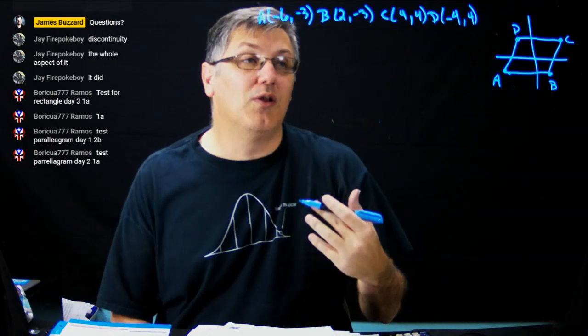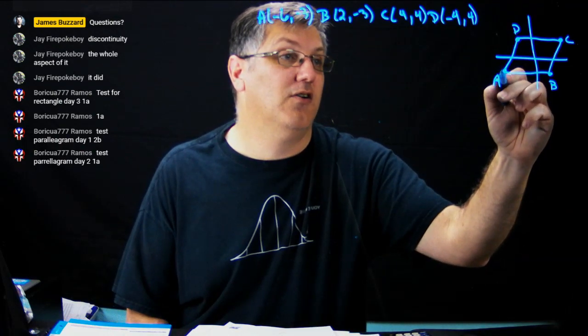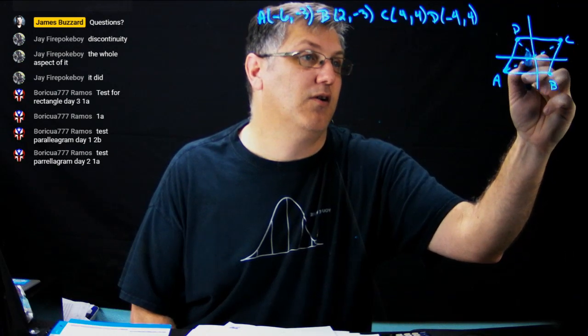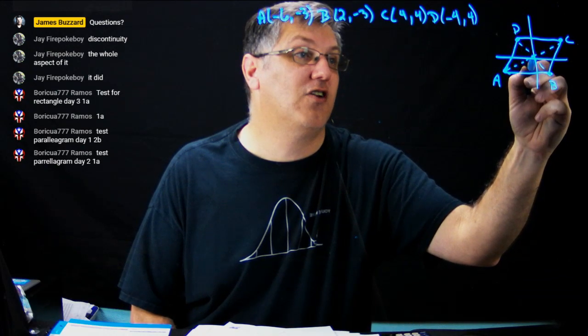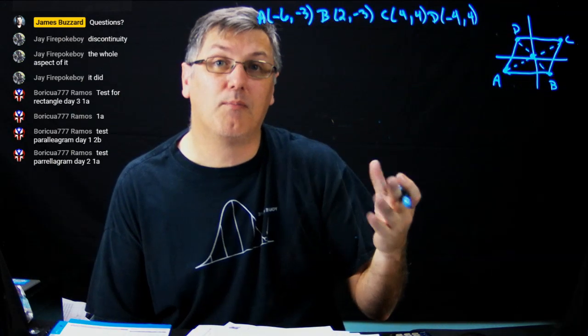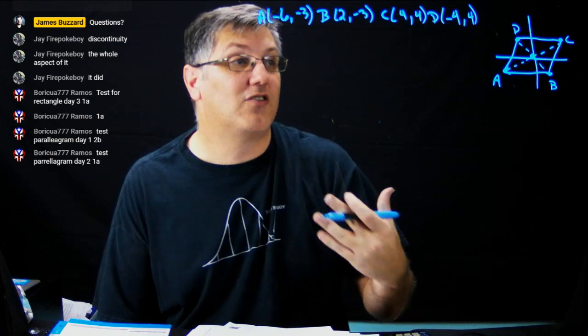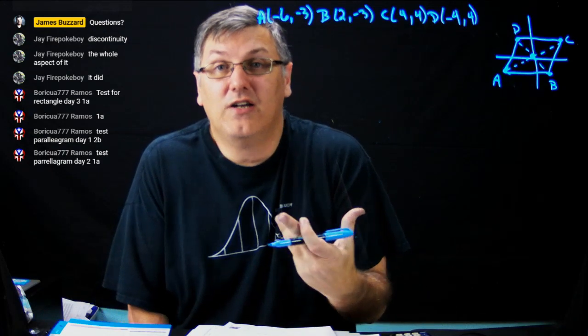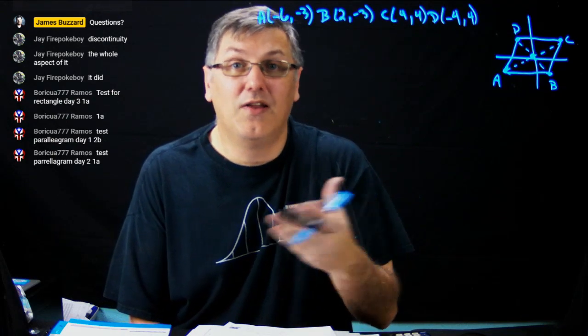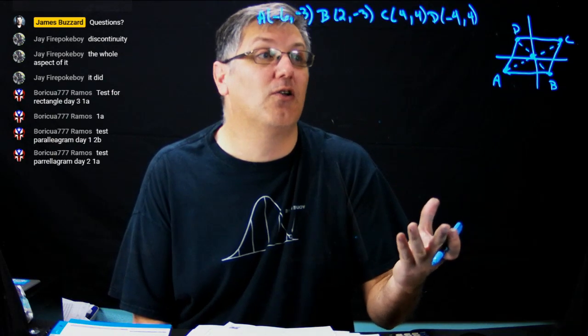So what's really nice about this is these parallelograms have diagonals, and the diagonals bisect each other. So what that means is this point right there is the midpoint of both of those segments. So I just need to calculate the midpoints. If they have the same midpoint, then they bisect each other, then this is a parallelogram.